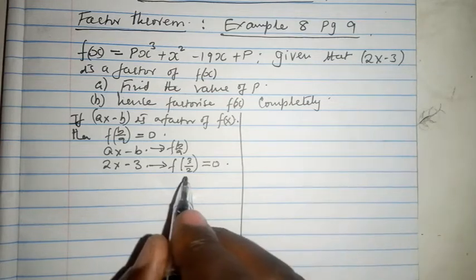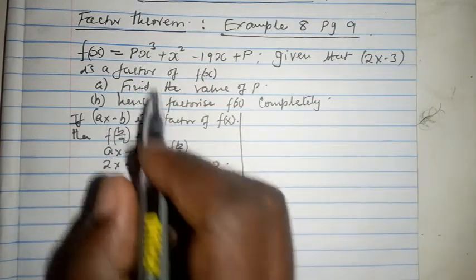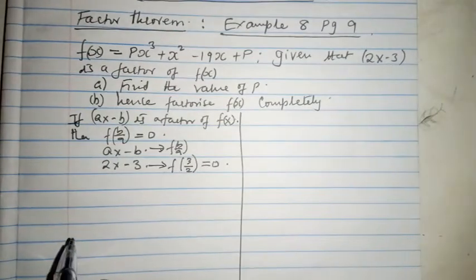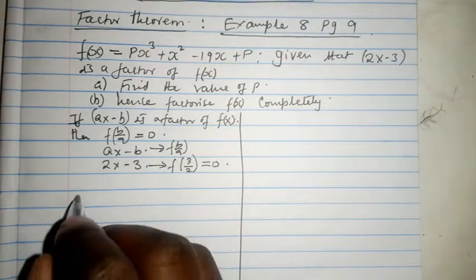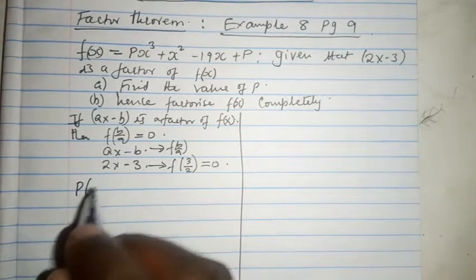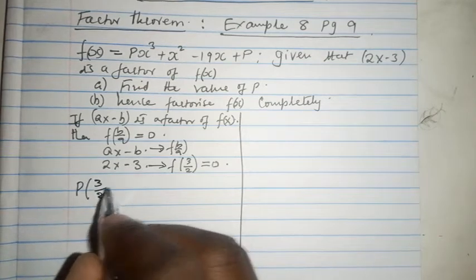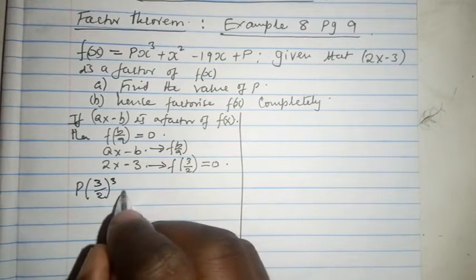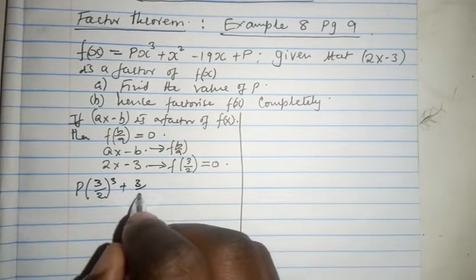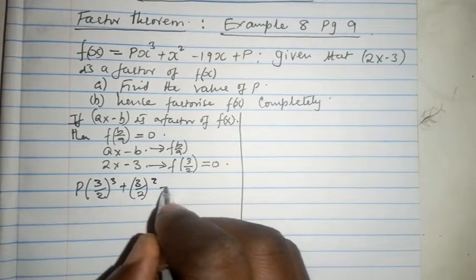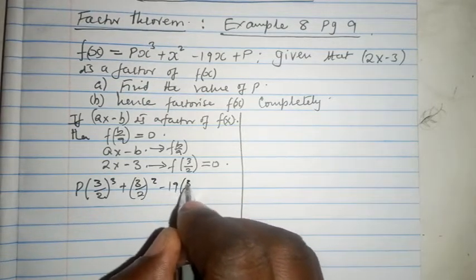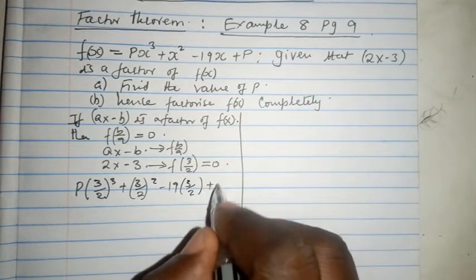Having said that, we need now to substitute this in the function and have p(3 over 2) cubed plus (3 over 2) squared minus 19(3 over 2) plus p.